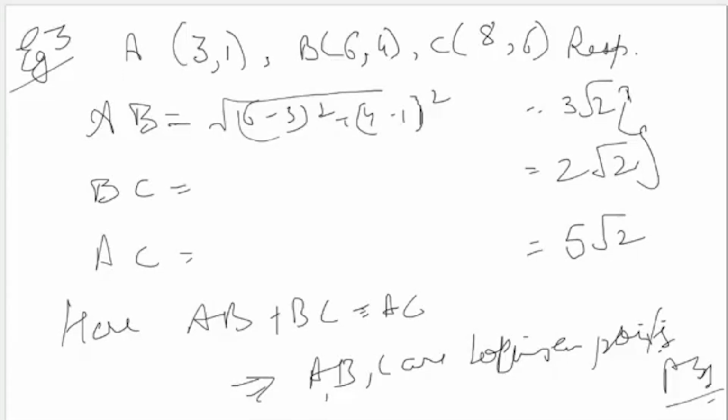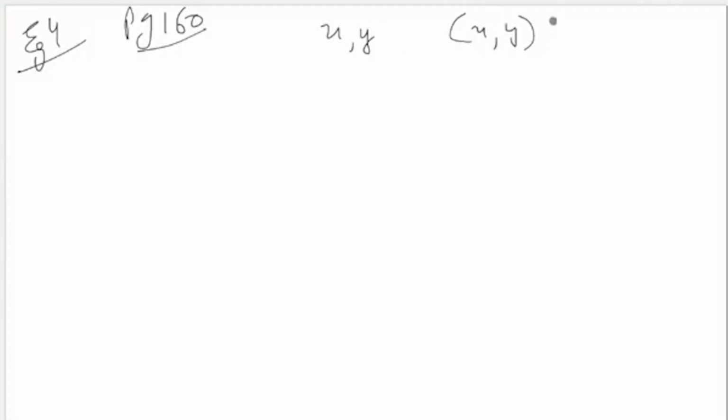Now, example number 4 on page number 160. Find the relation between x and y such that the point (x, y) is equidistant from the points (7, 1) and (3, 5).